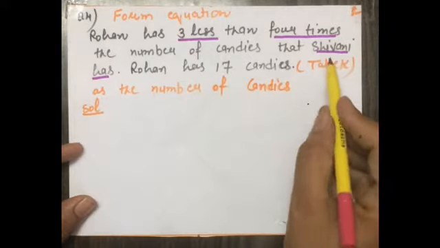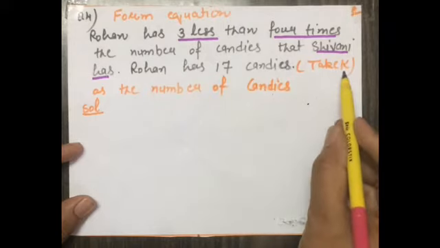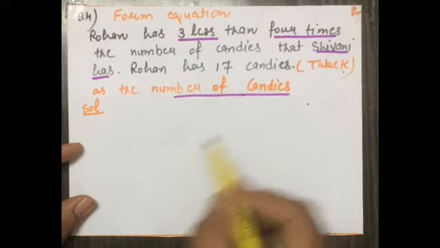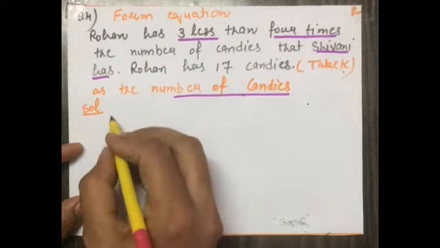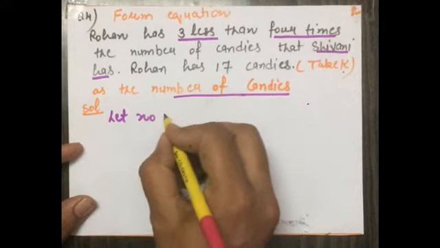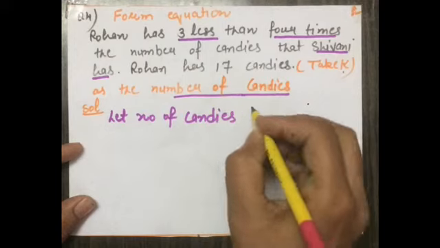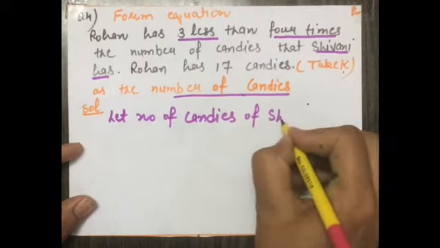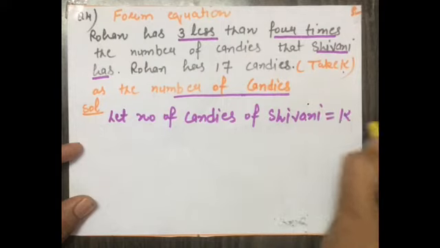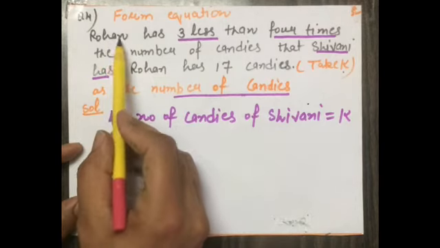It means first we have to take the candies of Shivani, and it is given to take k as the number of candies for Shivani. So write, let the number of candies of Shivani is equal to k.